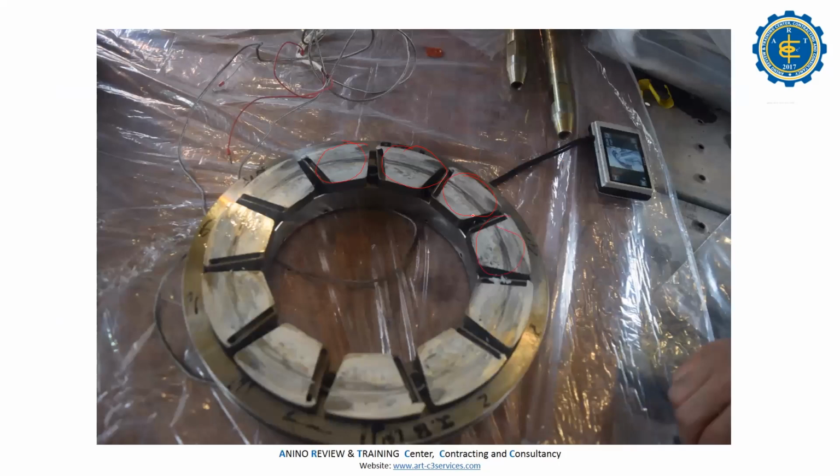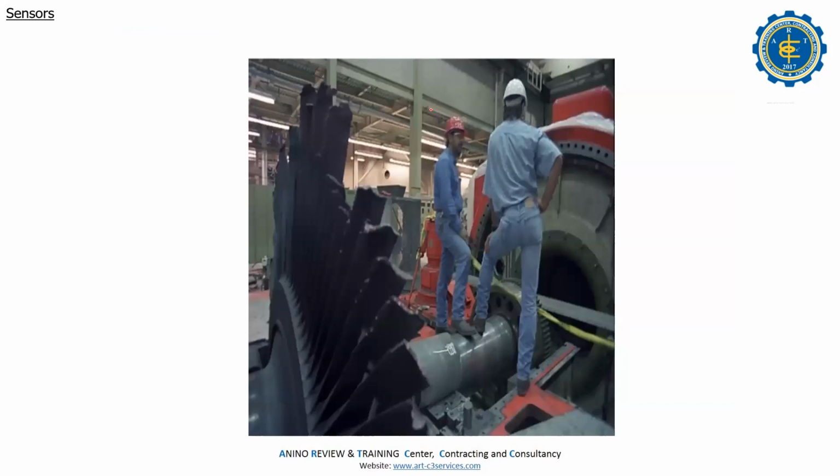When it's rubbing, the turbine trips. If it did not trip, or the protection is disabled, this will happen: damage. So that's the problem.